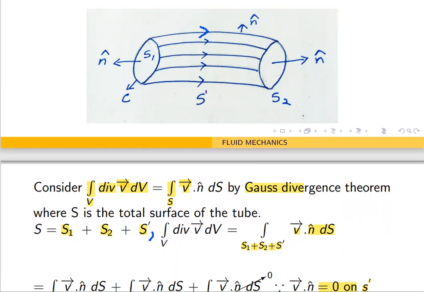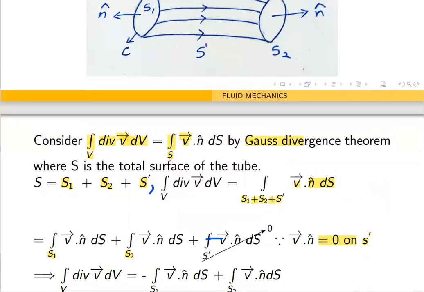V and n will be perpendicular to each other, where V is the velocity vector. So V dot n is equal to 0 on that curved surface. Therefore the integral over S dash becomes 0. So this integral vanishes, and we have only two integrals now.